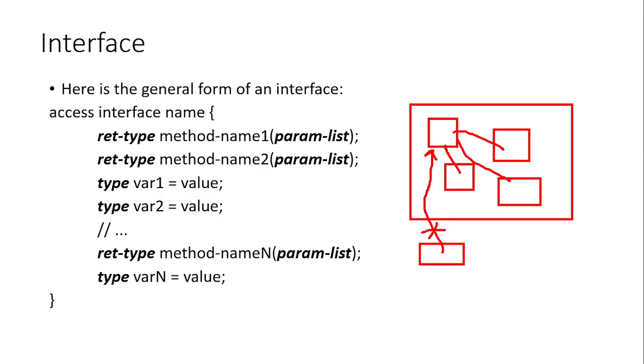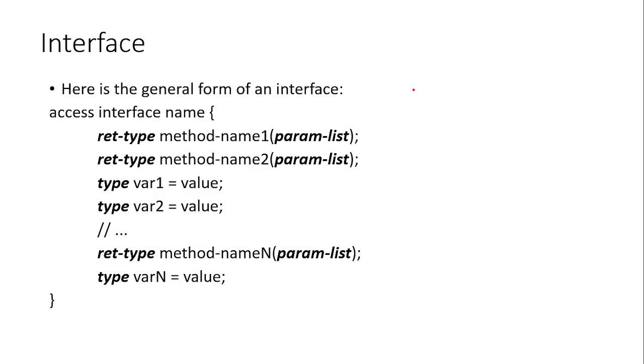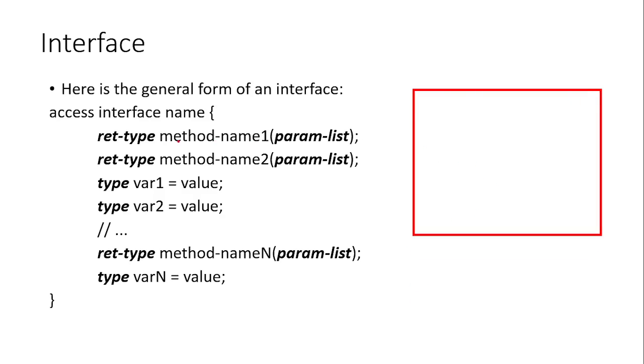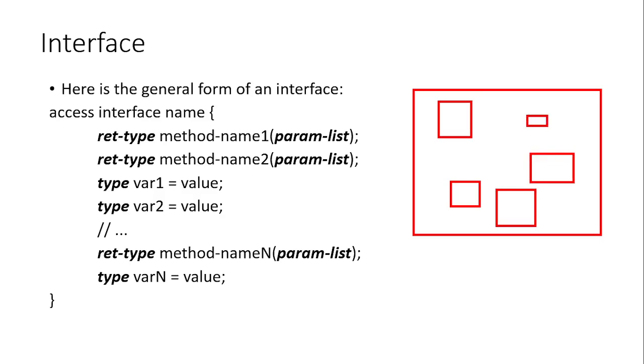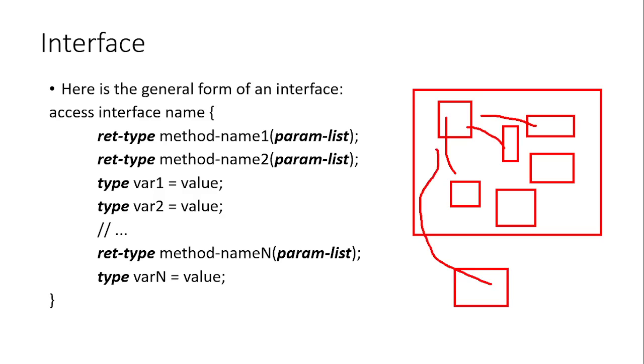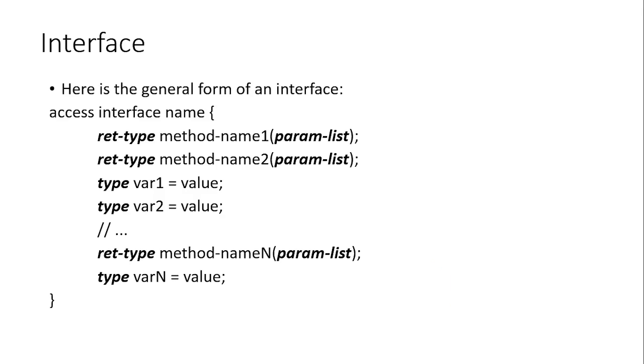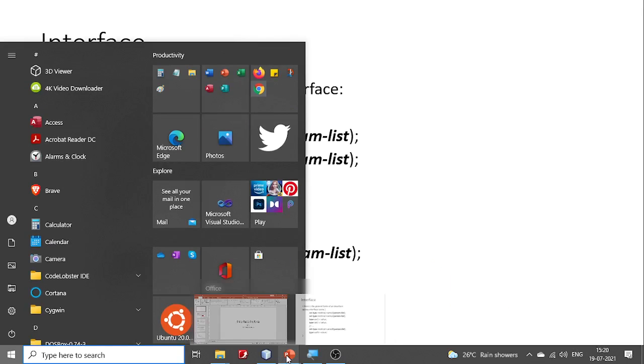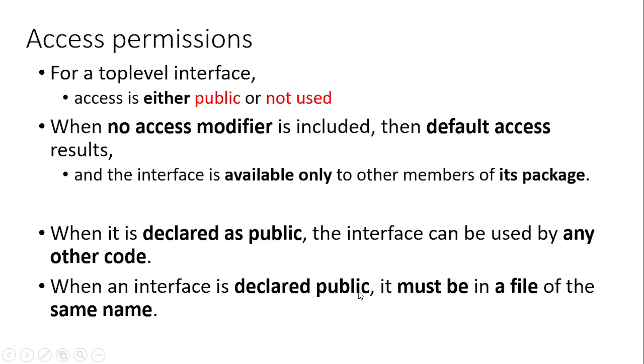In the same way, if you create an interface and don't specify the public keyword in front of it, that interface is available to all the classes or interfaces in the same package. All of them can use it, but not anybody outside this package. The same analogy works in the case of an interface.